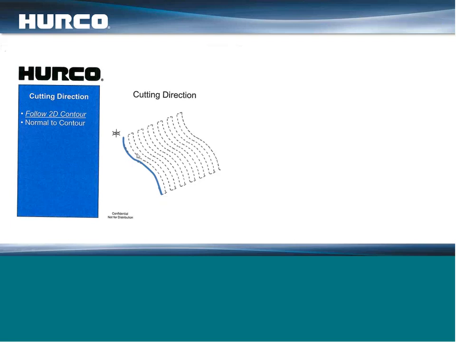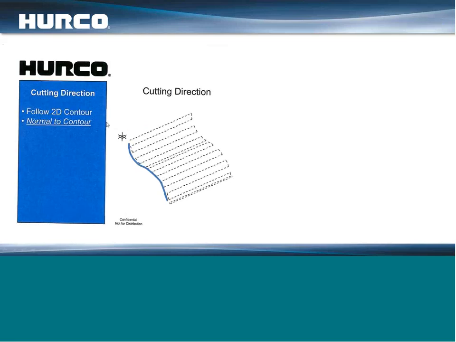It'll step over, come back, so it's always going to follow that contour that we defined. If we choose normal to the contour, it's basically going to cut at right angles to that contour. So instead of following this way, it's now cutting in this direction here.